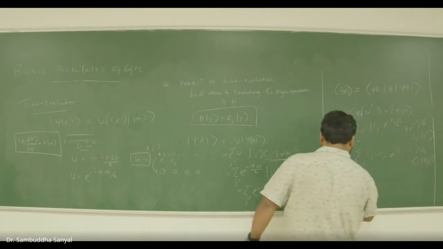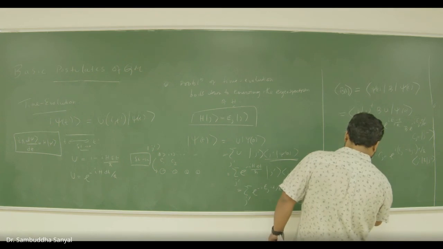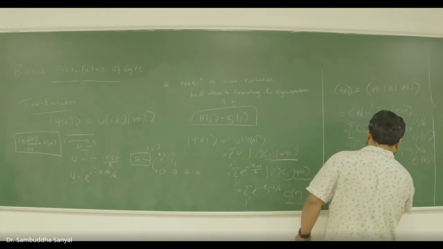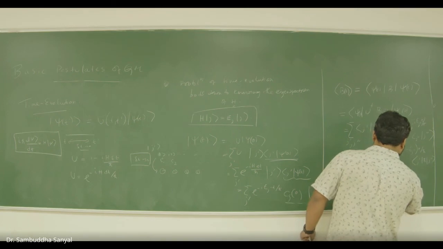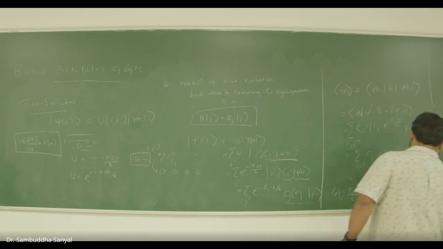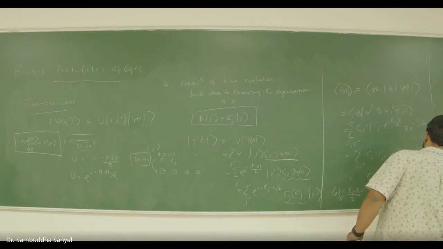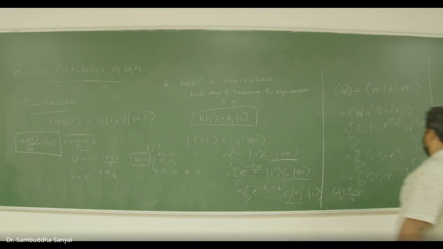So omega is omega j j prime. So you write this as Cj prime, Cj double prime, e to the power i omega j prime j double prime times t, times B j prime j double prime. Just this matrix element. It's just a shorthand of this equation and nothing else.